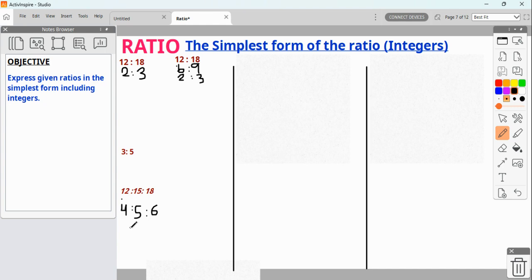If we check it further, 4 and 6 are both divisible by 2, but 5 is not divisible by 2. So we will not solve it further, because we have to check whether all three integers are divisible by the same number or not. If all three are not divisible by the same number, we will not solve it further, and the answer will be 4 ratio 5 ratio 6.